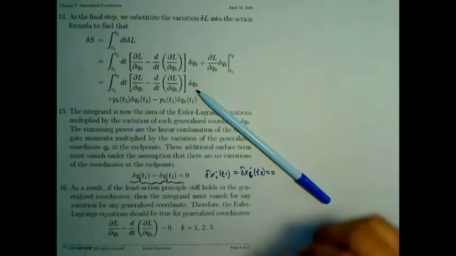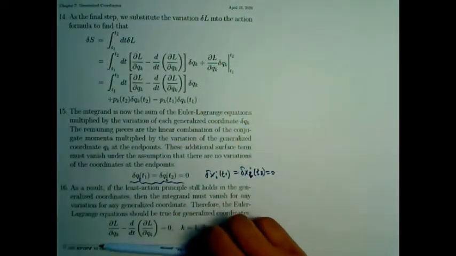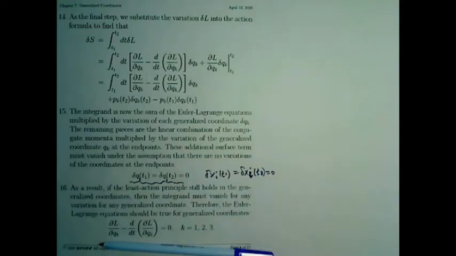That is the Euler-Lagrange equation in the generalized coordinate system.